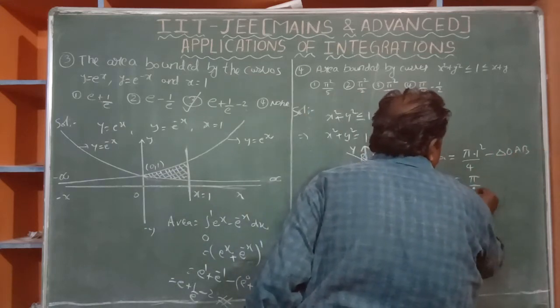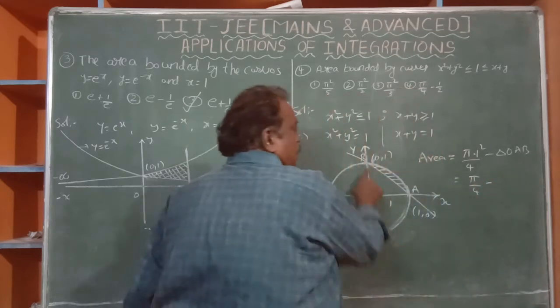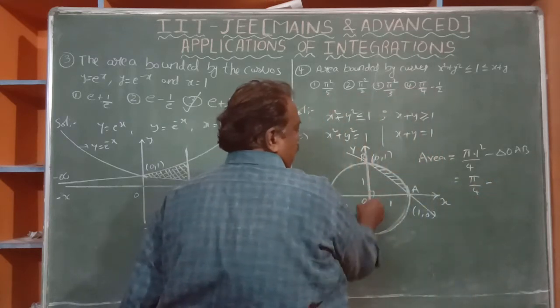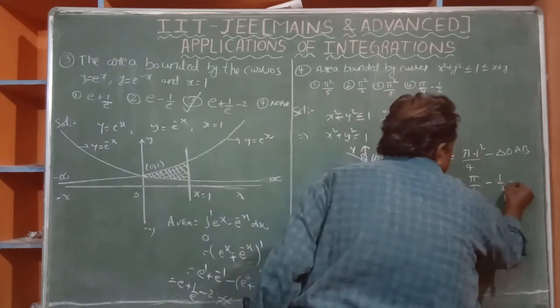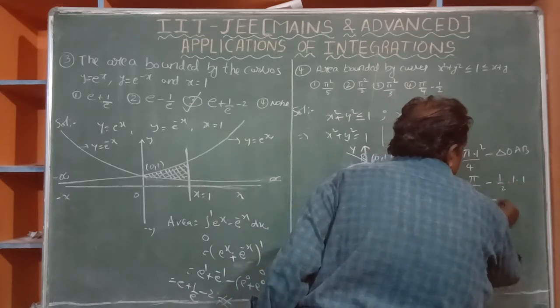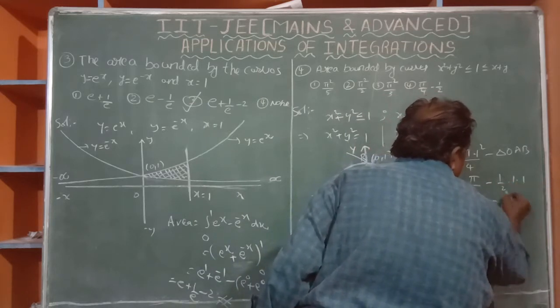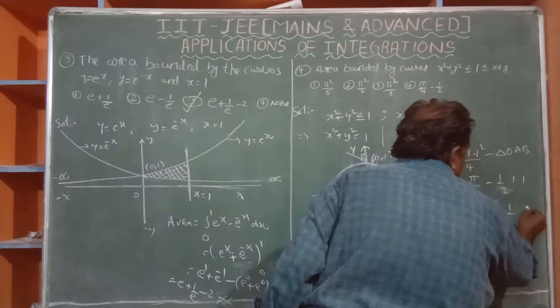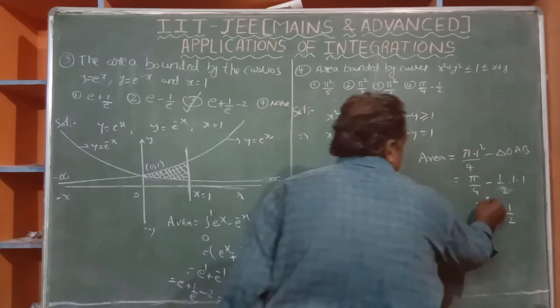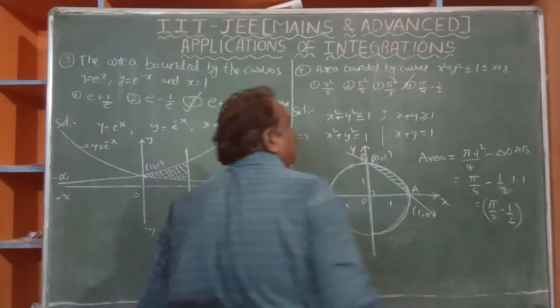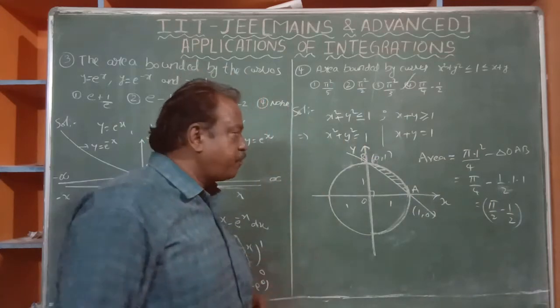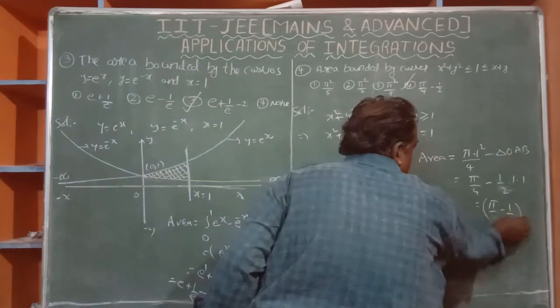This is pi by 4 minus the area of the right angle triangle OAB, half base into height, so pi by 4 minus 1 by 2 square units. So the fourth option is correct.